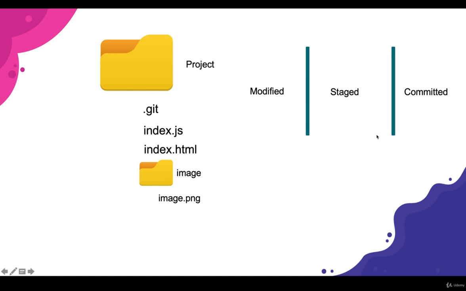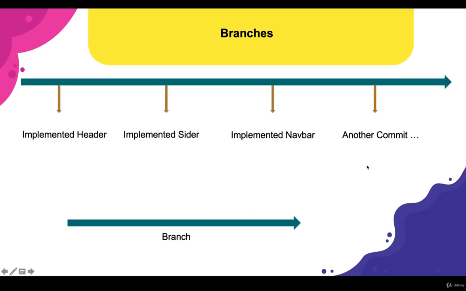So that means that this stick right here, okay, all the commits that are on this, that's why we call it a branch. When we begin a repository in the most basic form, we have one branch, which is the master branch.